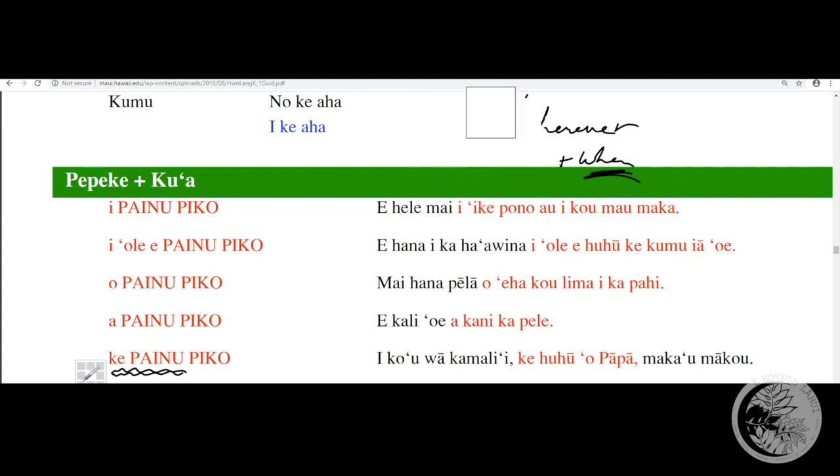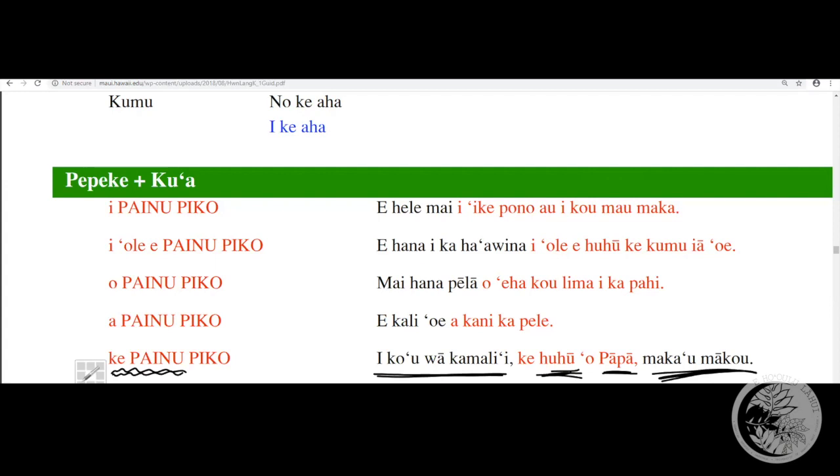So, and the last example we look at, I koʻa kamali, in my younger times, in my youth. Ke huhu o papa, whenever papa was angry, if and when papa got angry, when papa gets angry, maka'u mako, we are afraid. So, and that's basically the ku'a.